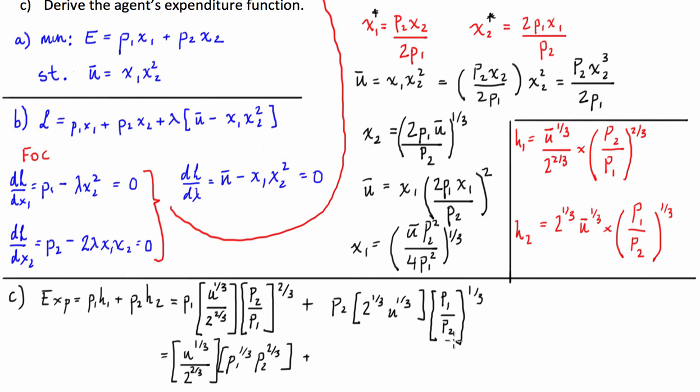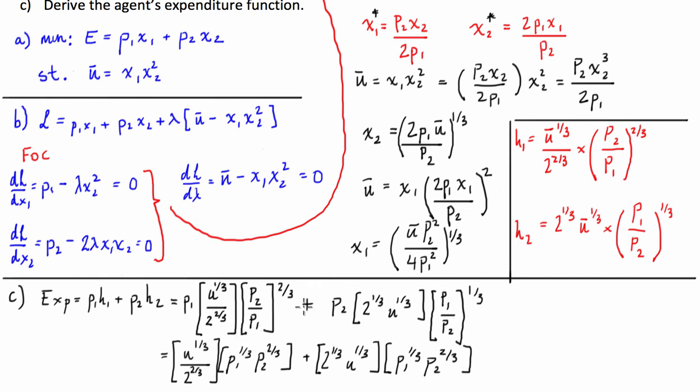That's 1/3 up the top, and down the bottom we've got 1/3, so 3/3, so it'll be 2/3 in the top. So we've got 2 to the power of 1/3, u to the power of 1/3, times P1 to the 1/3, times P2 to the 2/3.